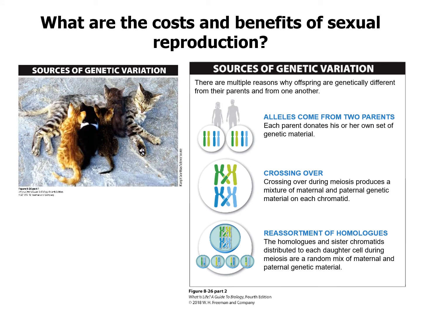So we talked about this ever so slightly. What are the costs and benefits of sexual reproduction? A big benefit to sexual reproduction is genetic differences. So that genetic variation, as I keep harping on, big important thing is genetic variation. A cost, though, is that sexual reproduction is very slow.